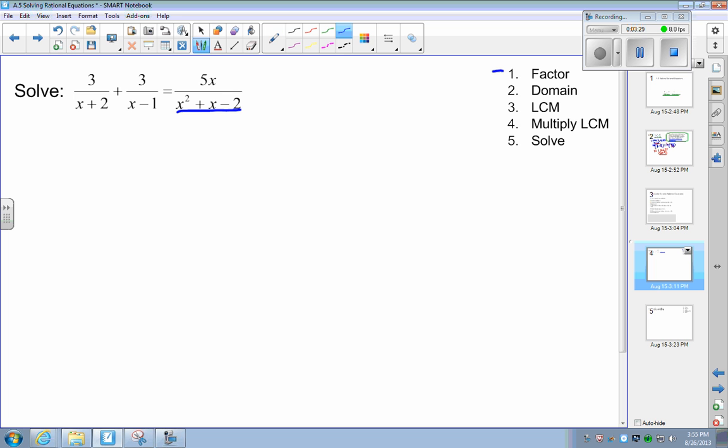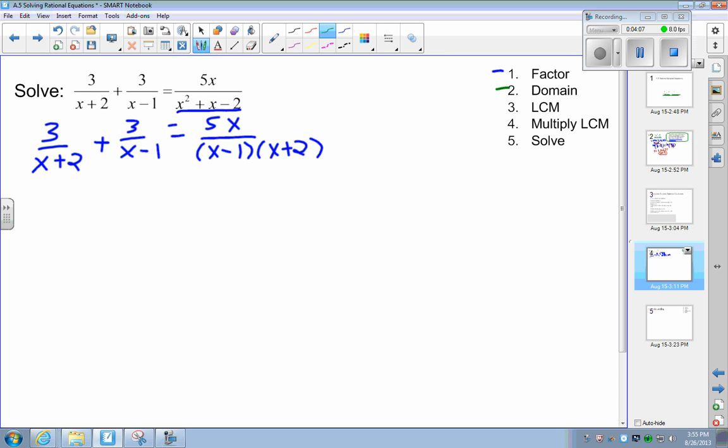So we can just rewrite this as 3 over x plus 2 plus 3 over x minus 1 is equal to 5x over, and once you factor that denominator all the way, you're going to get x minus 1, x plus 2. All right, cool. So we factored completely.